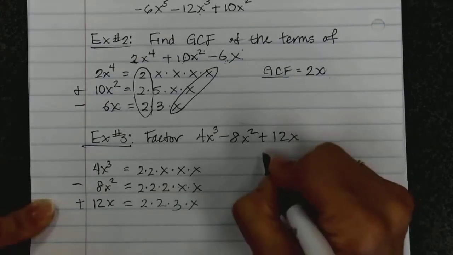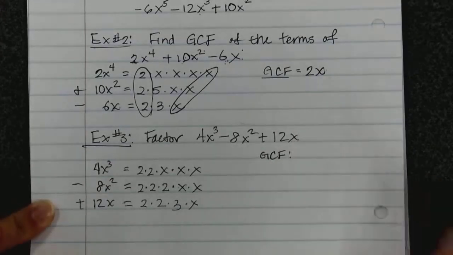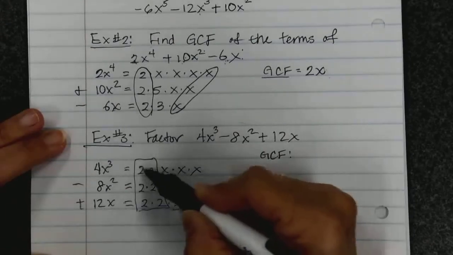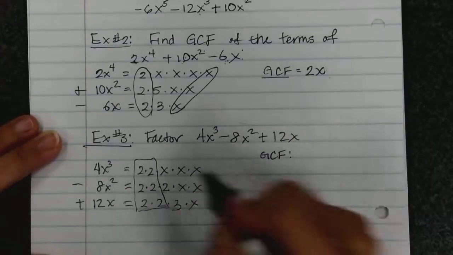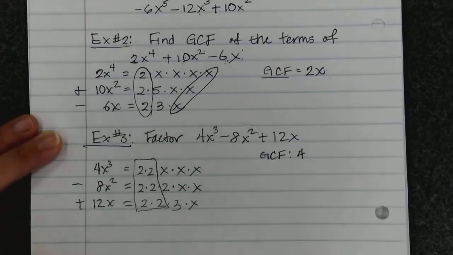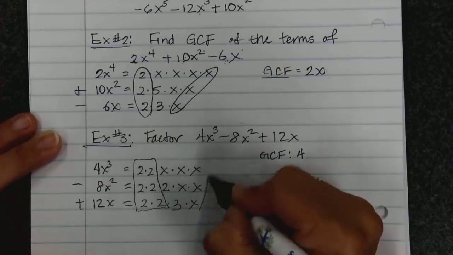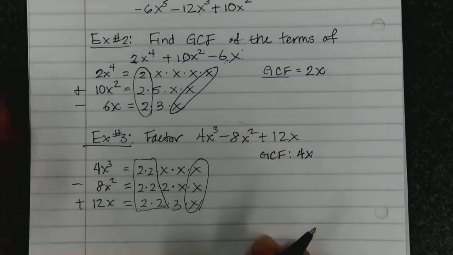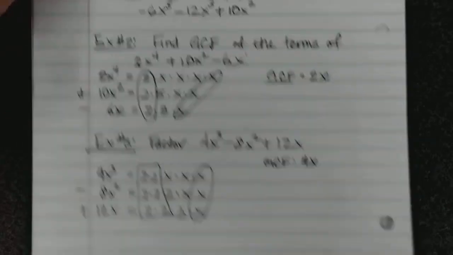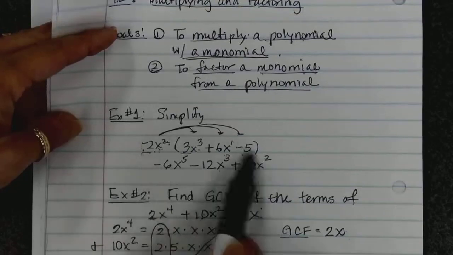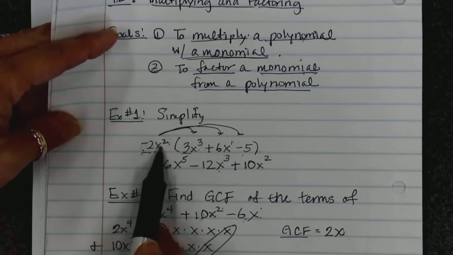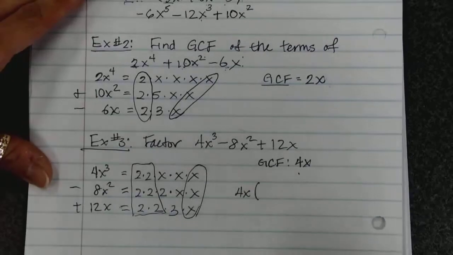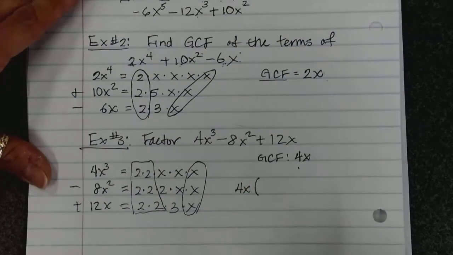So the monomial, which is the greatest common factor, if you notice, all three of them have two 2's in common. So 2 times 2 is 4, so that's my greatest common factor. And they also have an x in common, so 4x. So like what we did before when we multiplied a monomial with a polynomial, we're going to take our greatest common factor and put it on the outside, and we're going to see what was remaining.